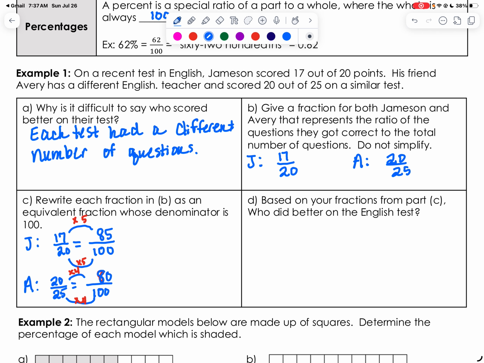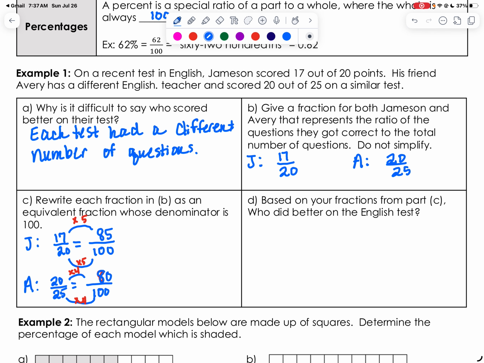All right. Part D, based on your fractions from part C, who did better on the English test? So now that both fractions for Jameson and Avery have the same denominator, it's easier to compare them, and we can see that Jameson got 85 out of 100 and Avery got 80 out of 100.